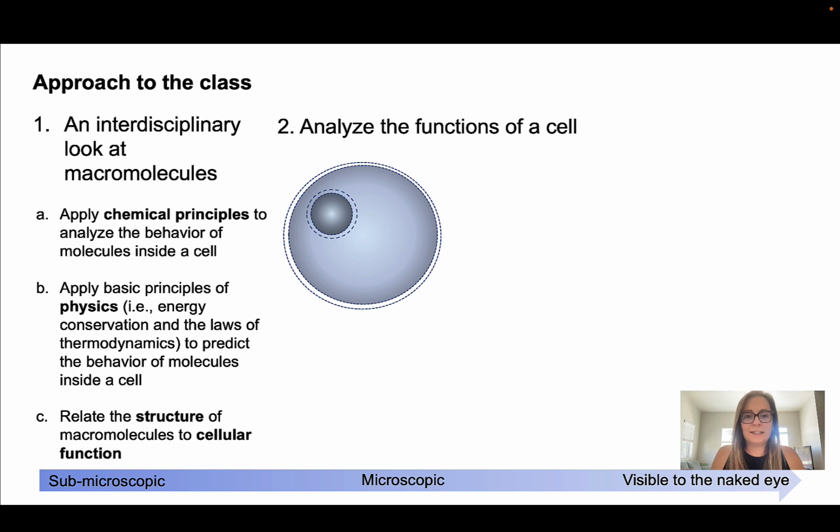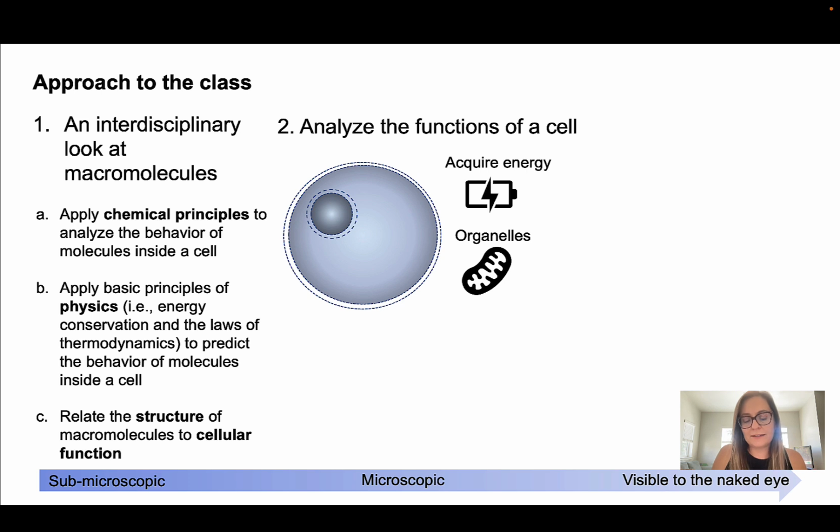We're then going to move into the cell and analyze the functions of a cell. And so a lot of these functions are the traits of living things. So we're going to look at how cells acquire energy, either through the process of metabolism and then in plant cells through photosynthesis. We're also going to look at organelles. Organelles are unique to eukaryotic cells, and these are cells with a nucleus.